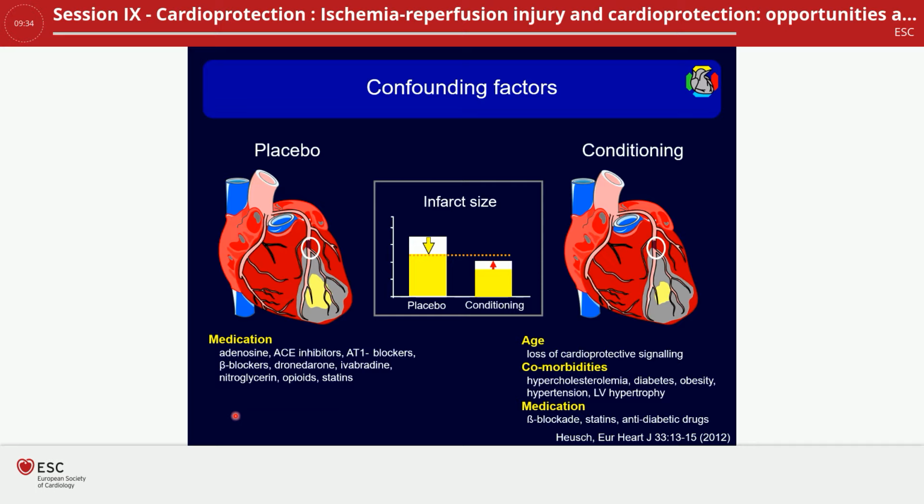Or the reverse: if something, remember the propofol, abrogates the conditioning pathway in the treatment group, then the difference between placebo and treatment group will also go. So this is not only a long-term problem for the patient, it's also a problem for the interpretation of the available studies that we have at this point.